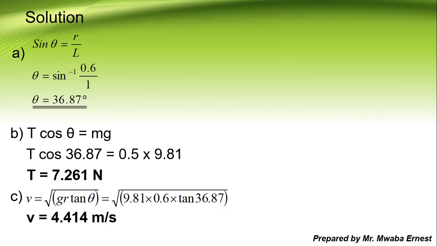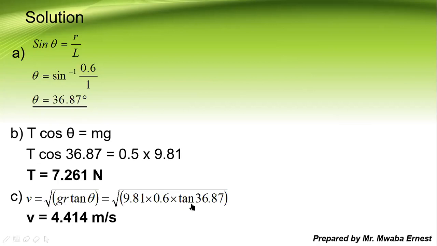We haven't finished. We still have the velocity to deal with. In the velocity, we have this expression here, which is V equals the square root of GR tan theta, which you already arrived at. So G is 9.81, R is 0.6, theta is 36.87, the same one here.